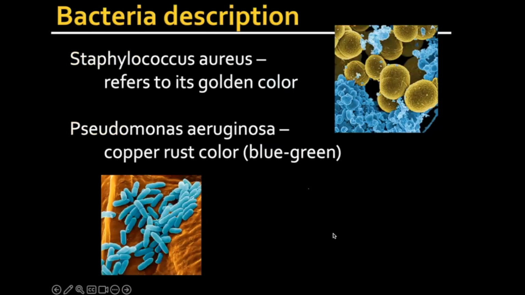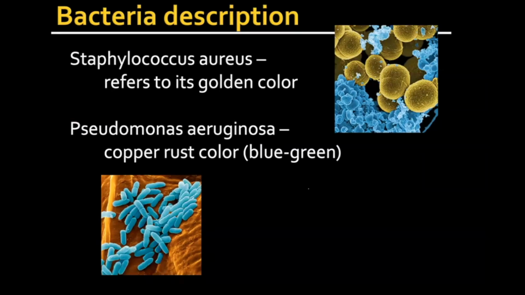They also can be categorized by the description, how they look under the microscope. So Staphylococcus aureus, which you see on the right over there, refers to its golden color because Au, of course, is gold on the periodic chart, right? And then down at the bottom, we see Pseudomonas aeruginosa, or aeruginosa. I don't know which way it's pronounced.